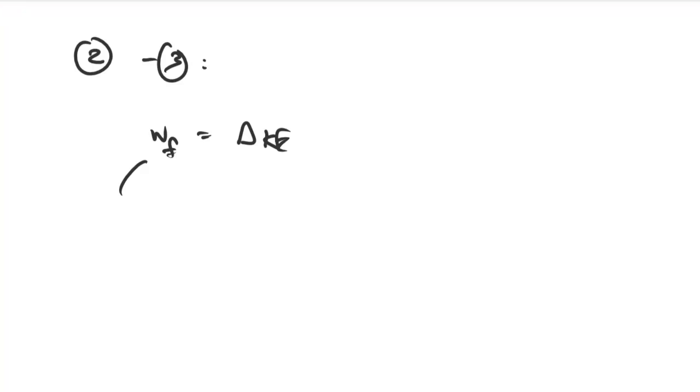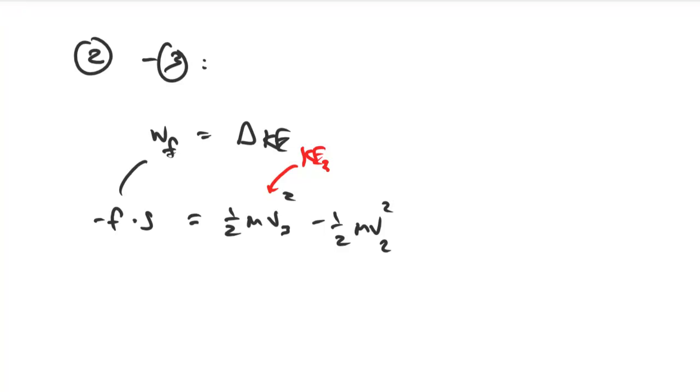And so I'll write this out as negative F times displacement is equal to 1/2 mass times the speed at point 3 squared minus 1/2 mass times the speed at point 2 squared, right? This is the kinetic energy at 3, and this is the kinetic energy at 2. So it's the change in kinetic energy from 2 to 3.